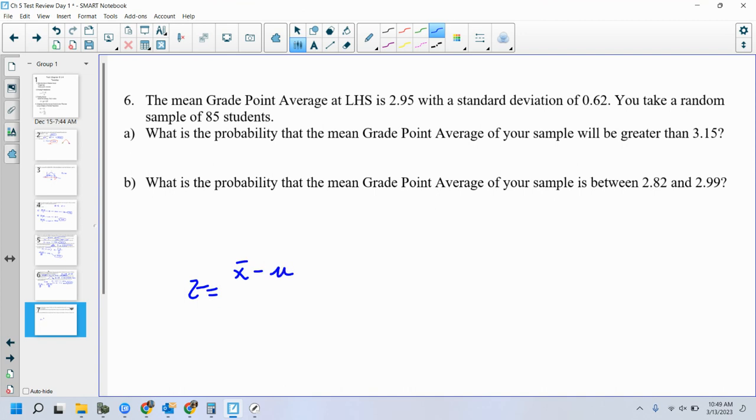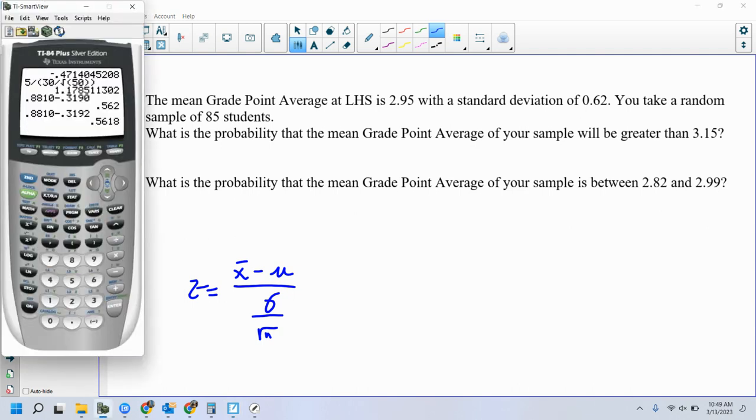Z is equal to X bar minus mu over sigma divided by square root of n. What's the probability that the mean GPA is greater than 3.15? Okay, greater than 3.15. 3.15 is my mean minus my mu, divided by sigma, 0.62, divided by the square root of 85, which is 2.97.